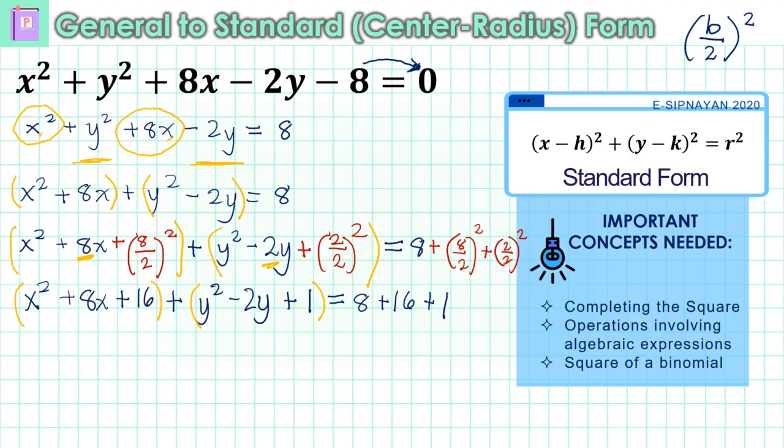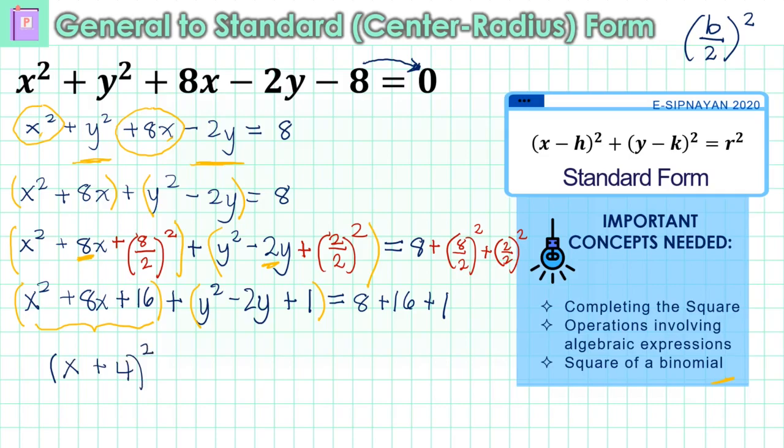Afterwards, we can now apply the concept of square of a binomial, or we can rather factor this perfect square trinomial. When we factor x squared plus 8x plus 16, the result will be x plus 4 squared.